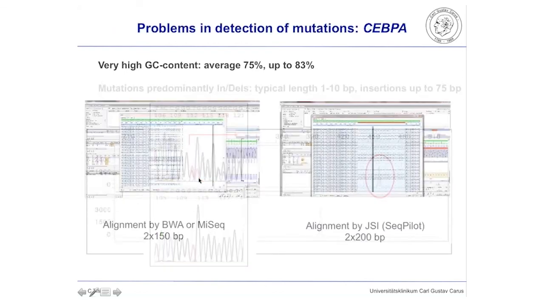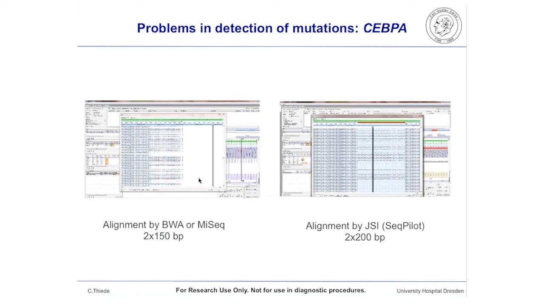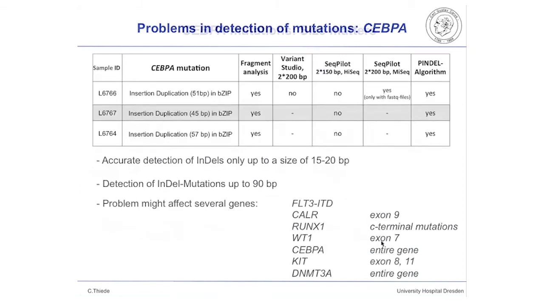But when we looked at our results using different mapping and analysis algorithms, using the 2 times 150 base pair chemistry, but also the 2 times 200 base pair analysis, we did have problems in detection of these InDel mutations. We only consistently detect these when we use the PINDEL algorithm on these samples.